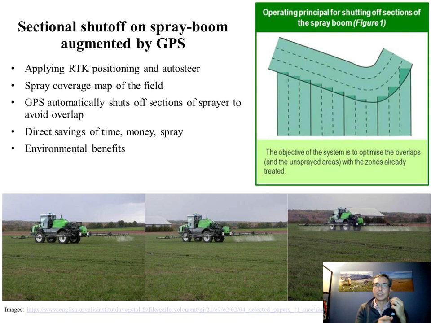So in this case, you have a sprayer that has a big long spray boom, but you have different sections of the sprayer that can turn on or turn off as you go from one part of the field to the next. So this helps to avoid overlap of your inputs and creates much greater efficiency and reduces environmental risk.